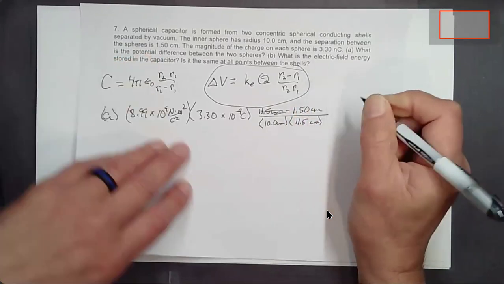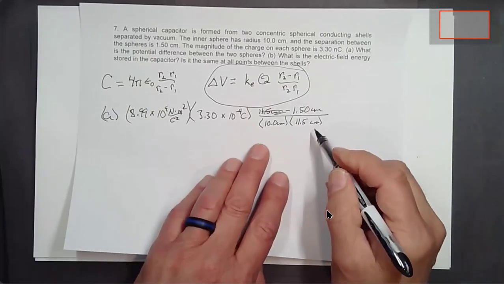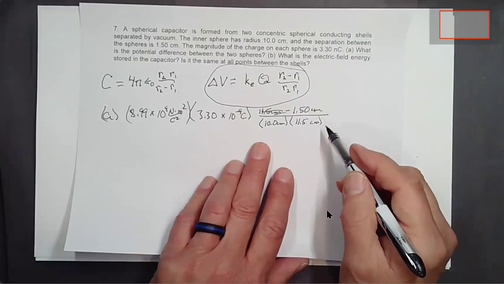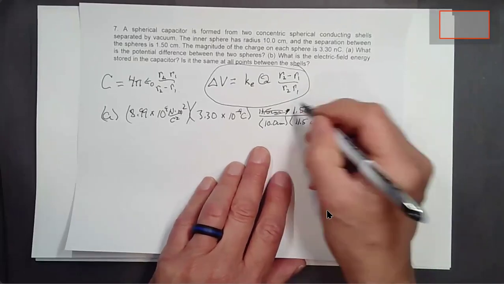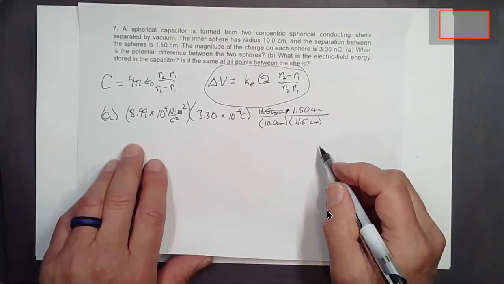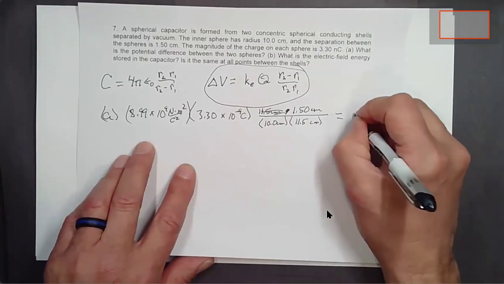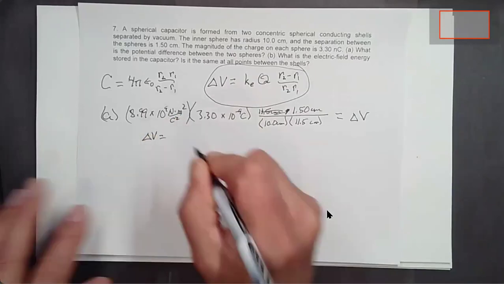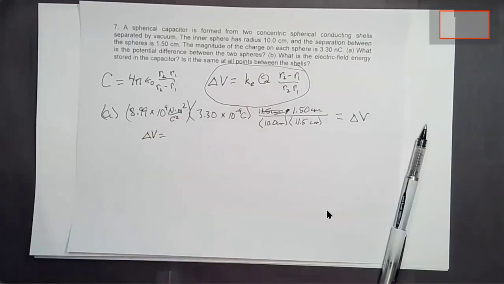I got that multiplication written in the wrong order, it should be R2, R1, but multiplication is commutative, so I don't have to worry about that. And that's the potential difference between them.